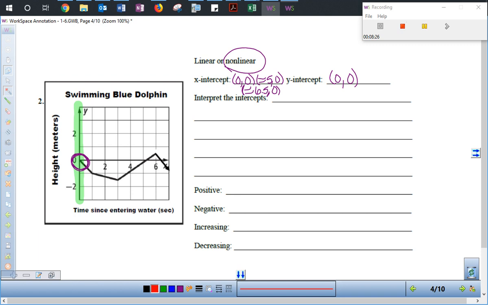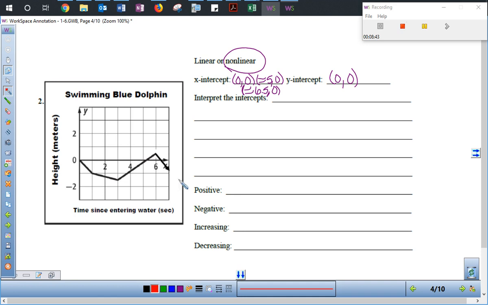Next, they want us to interpret the intercepts. Now remember, I don't care about what's happening in between the x-intercepts. I just want to know what's happening at them. I completely understand that if I were to read this graph, the dolphin's under the water and he's swimming down here and then he comes up and he jumps and he comes back down. That's awesome, but that's not what I want you to write.